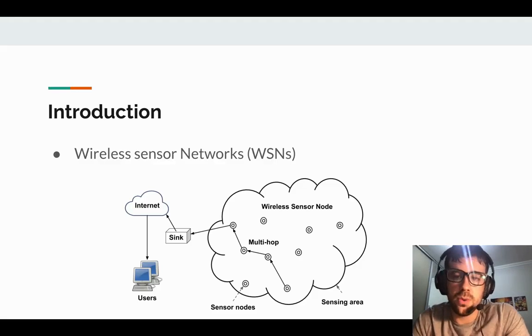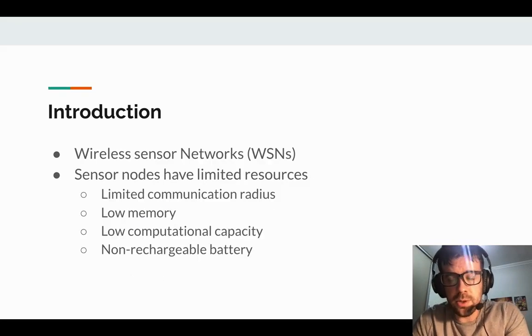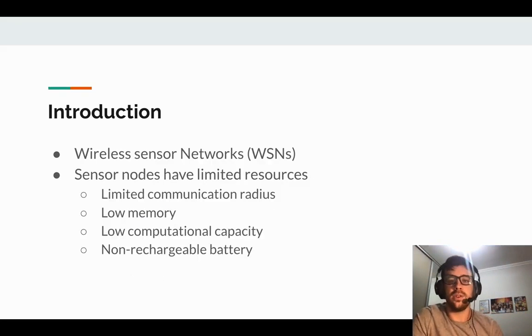Normally, these nodes communicate with each other and with the sink through a multi-hop approach. And usually these sensor nodes are low-cost electronic devices with limited resources like, for example, limited communication radios, low memory, low computational capacity, and mainly a non-rechargeable battery.